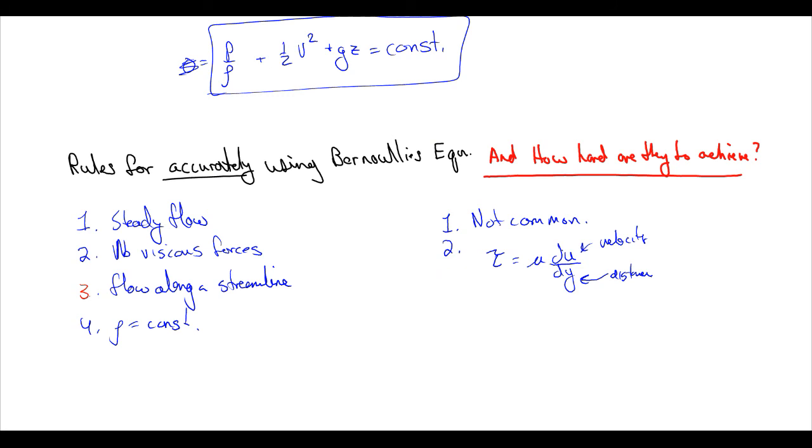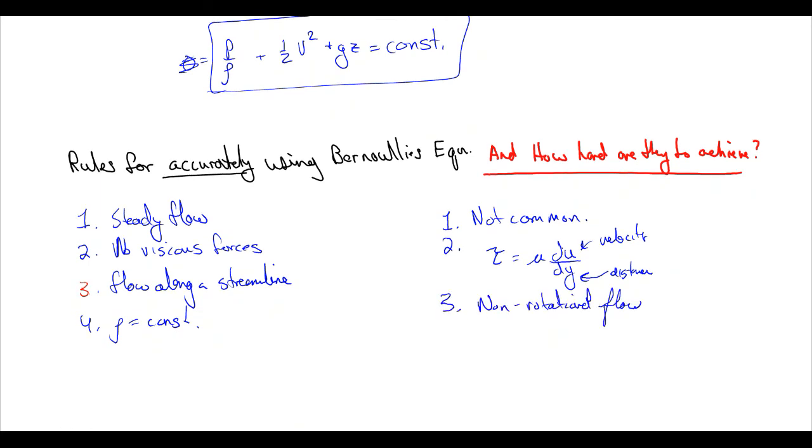That could help minimize the effect of viscous forces. And 3, effectively, flow along a streamline means non-rotational flow, which is very basically our steady flow assumption, but we're stating it again here because it's so important. The main reason is that we can't add or remove energy or have fluid cross our streamline boundary.